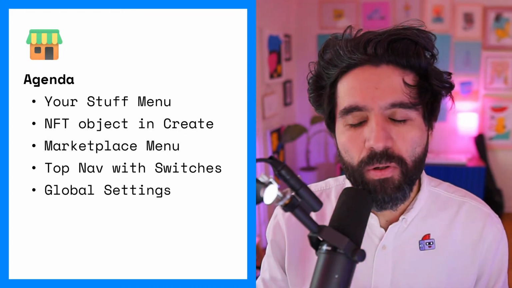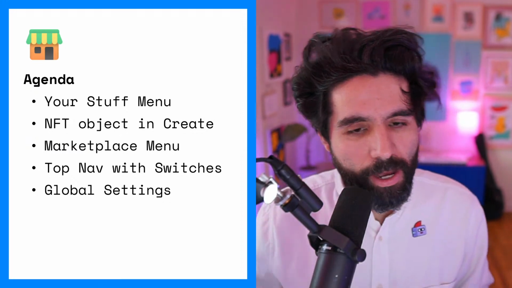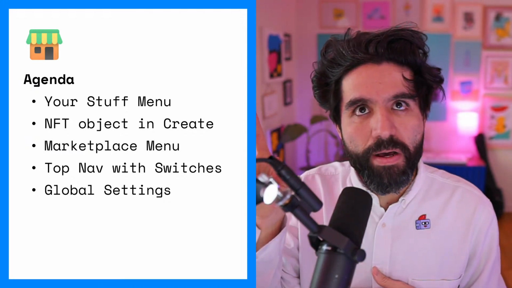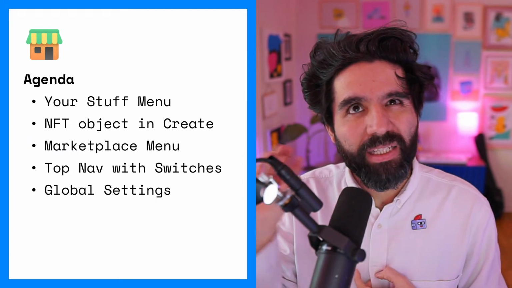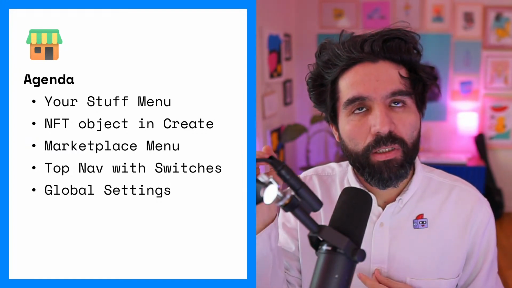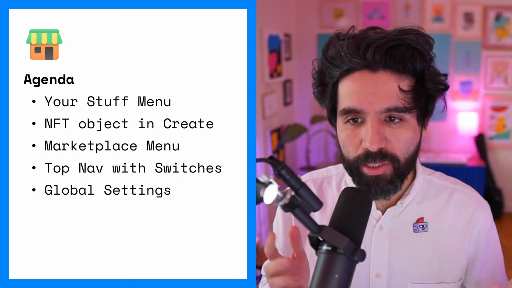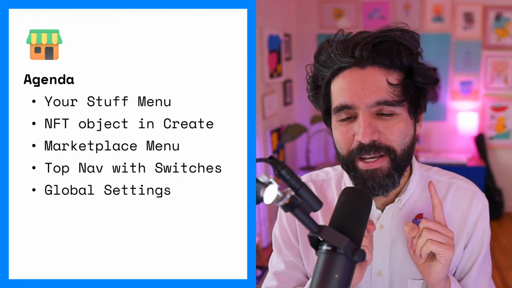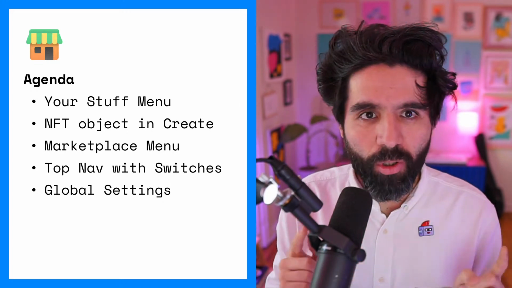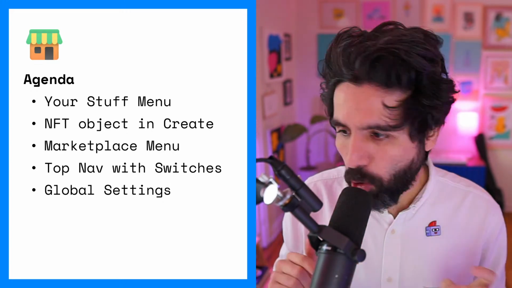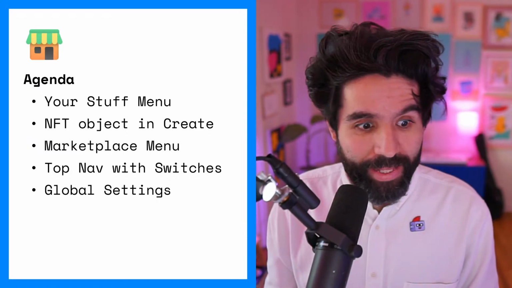And then also some top navigation. This top navigation just controls the mode you're in, at least for now. Maybe later we're going to put more stuff in there. And also global settings. That's more of a stretch goal, if we get to actually work on that. Hopefully we do. And that's it.